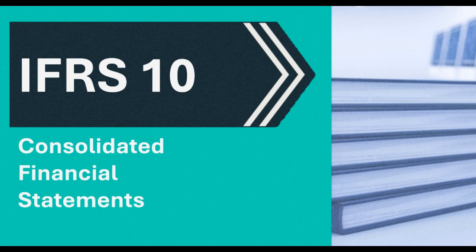Well, we've covered a lot in this deep dive. Let's quickly recap the key takeaways for our listeners. So the foundation of consolidation under IFRS 10 is control, which depends on those three elements: power, exposure to variable returns, and the ability to use your power to influence those returns. Then we have that important exception for investment entities, which generally use fair value accounting for their subsidiaries.